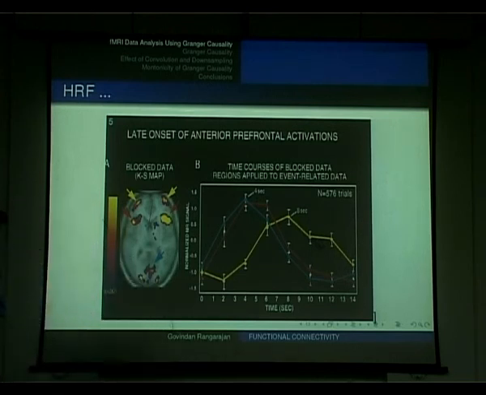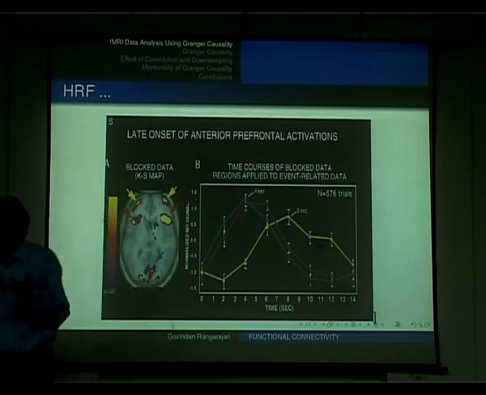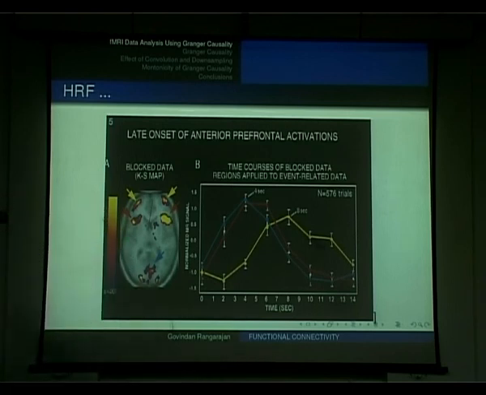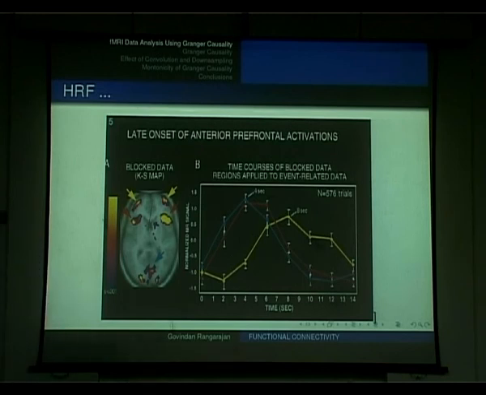What occurs first, what occurs next, and so on. Now, suppose you have two processes, and process A at the neuronal level is causing process B, but the hemodynamic response function for process A peaks much later than the hemodynamic response for process B, then you have a confound, because that can act against the time flow which is happening at the neuronal level. So you have such issues in applying granger causality to fMRI data.